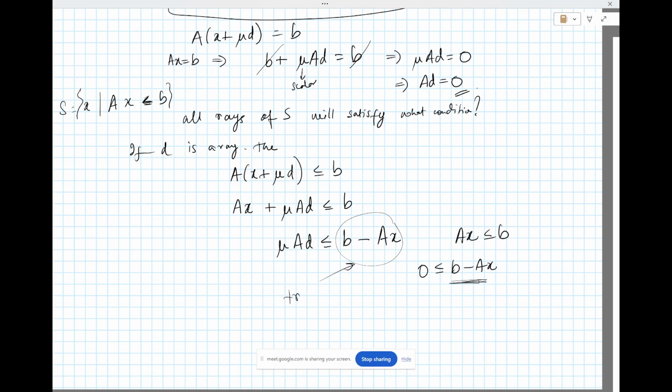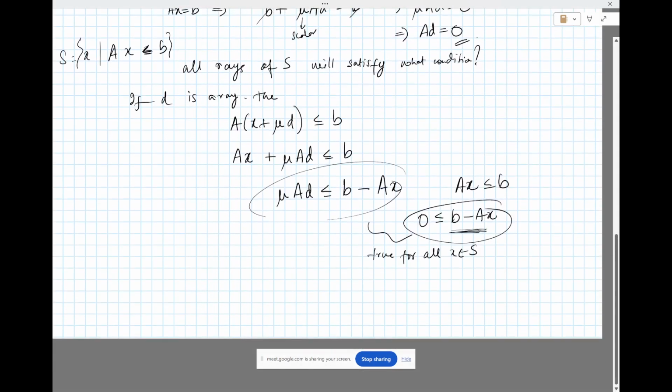This is true for all x, right? All x in S. I mean this, both basically. True for all x in S. So we can take some x star such that B minus Ax star is equal to 0.